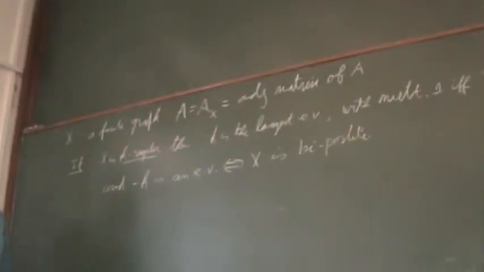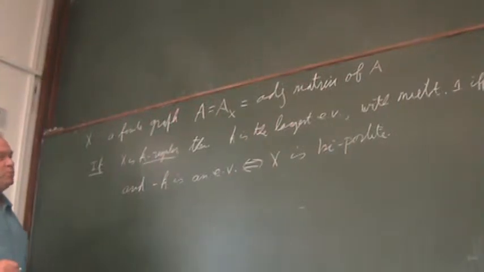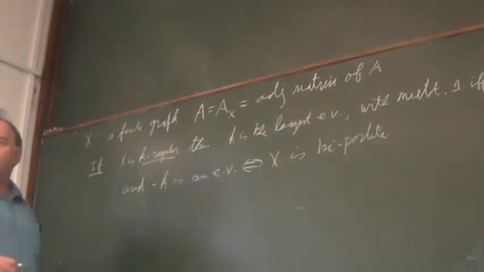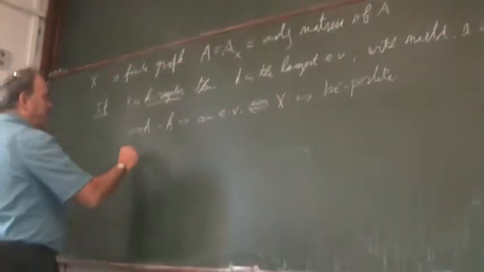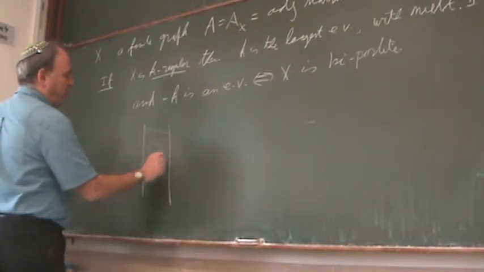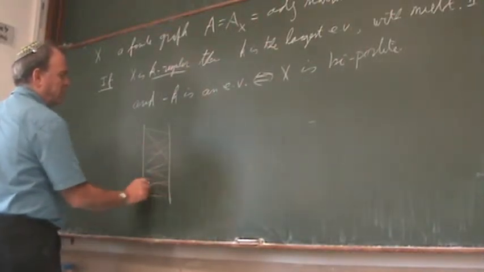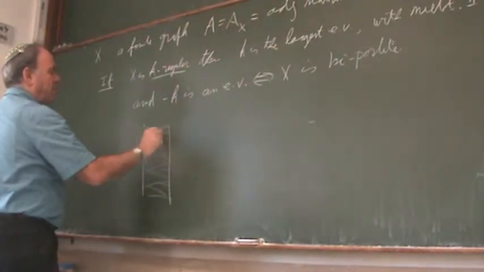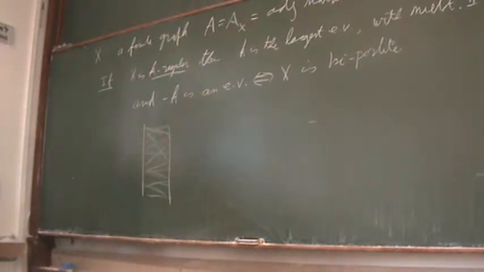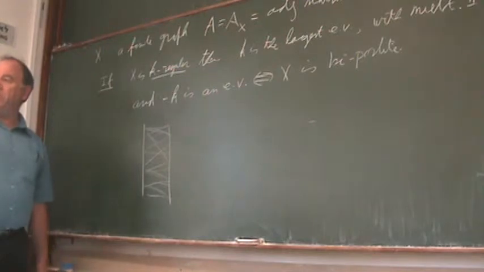Take a k-regular graph, and let's assume first that it's bipartite. So there are two parts, and all the edges are going from one side to the other. Now I claim first of all that the size of the two parts must be the same. Why?